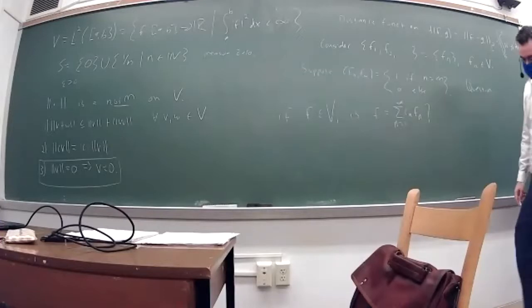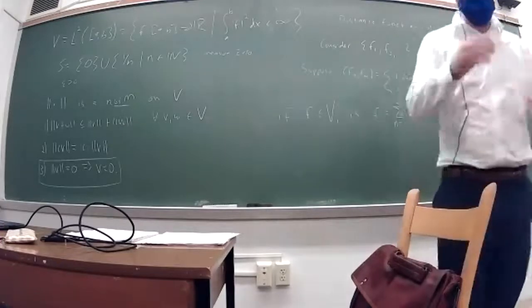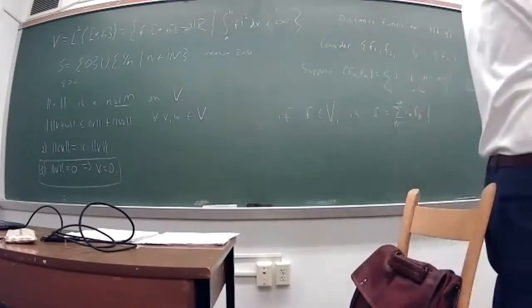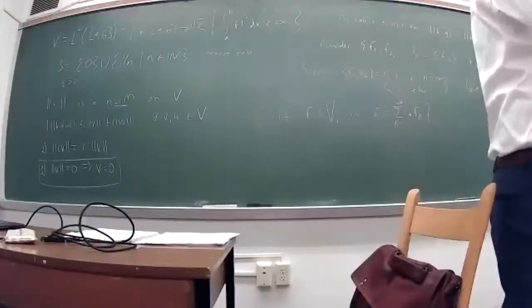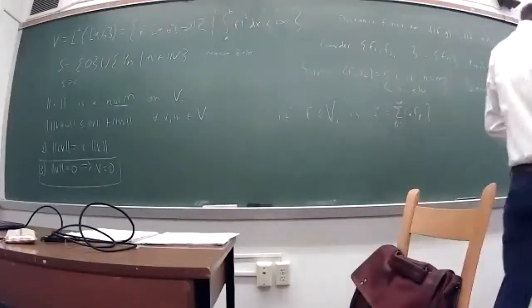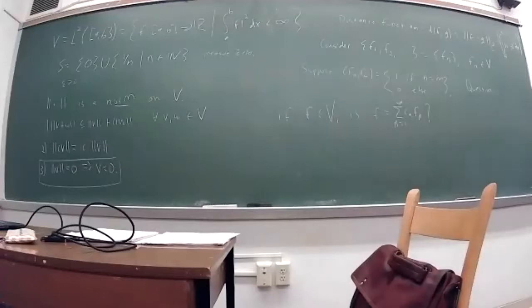You're countable if you can be written in an infinite list indexed by the first one, the second one, the third one, the fourth one. So more formally, a set is countable if there's a bijection between that set and the natural numbers.